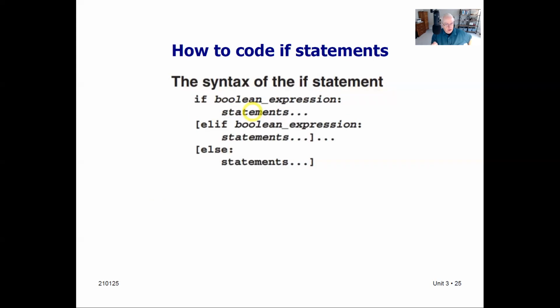If that Boolean expression is false, then the logic is going to go to the optional, because it's in brackets here, else if clause. And we have another Boolean expression if we want to. And then we have a block of code. Remember that else if has to terminate with a colon.